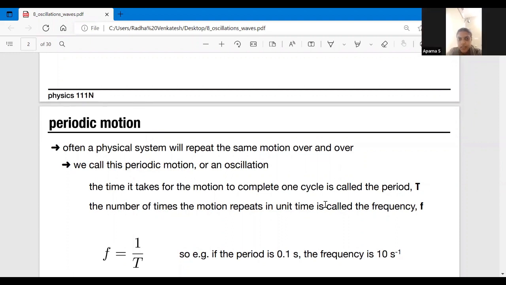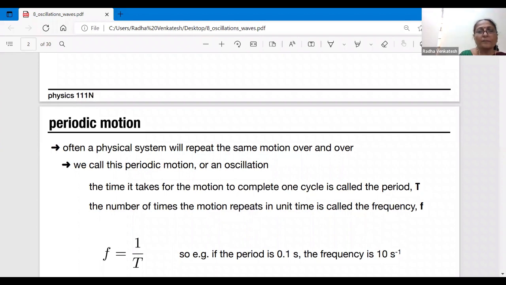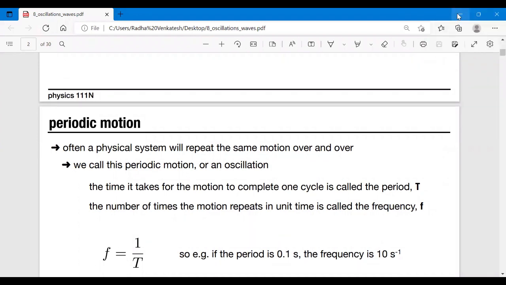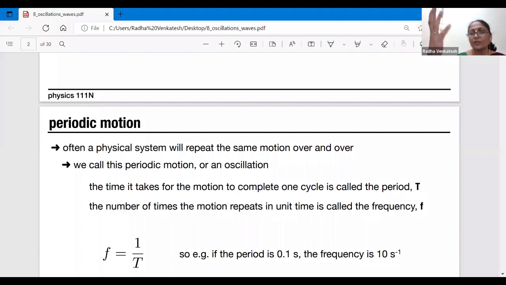Same way, ma'am. Periodically, it reaches, exactly. Even in a simple pendulum, give me a second. So if I can draw a simple pendulum, right? And if I pull it to one side and leave it, what happens? I just let go.